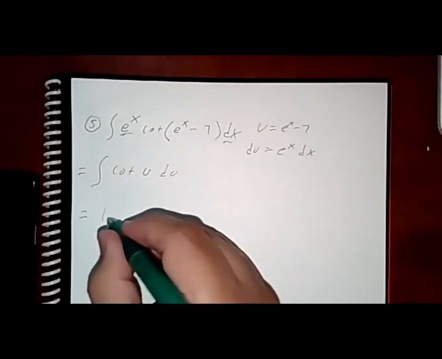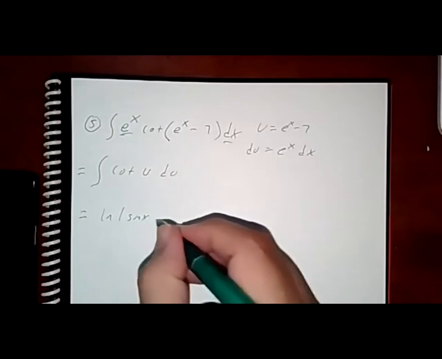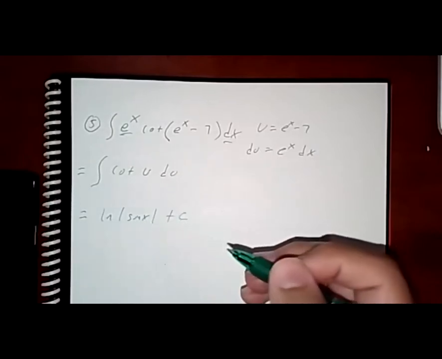I forgot, actually. Let me double check from the formula table. It's ln|sin u| plus c. You can derive this by doing another substitution, but if you use a table, that's fine too.